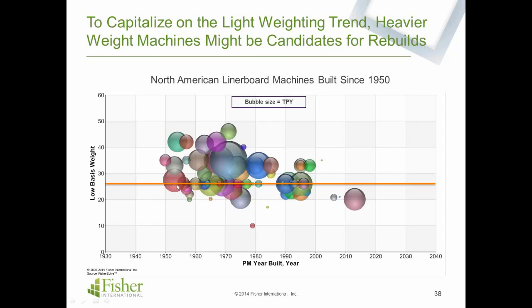And so I just struck a line here around that 26 pound basis weight area. And so we might be tempted to look at this and say, well, all of the machines that are above this line are on average making heavier than 26 pound basis weights, and so they would be candidates for investment in a rebuild perhaps.